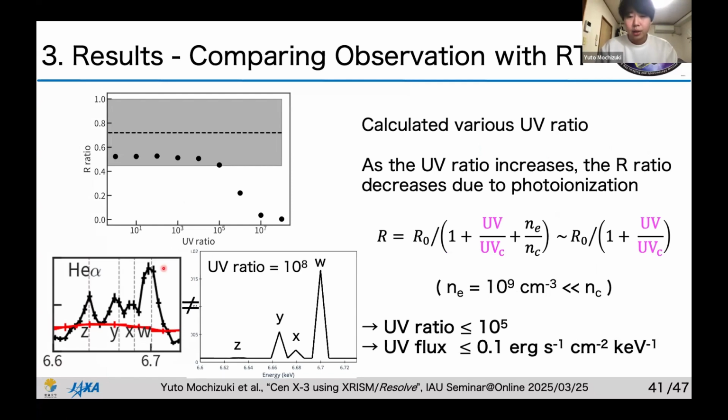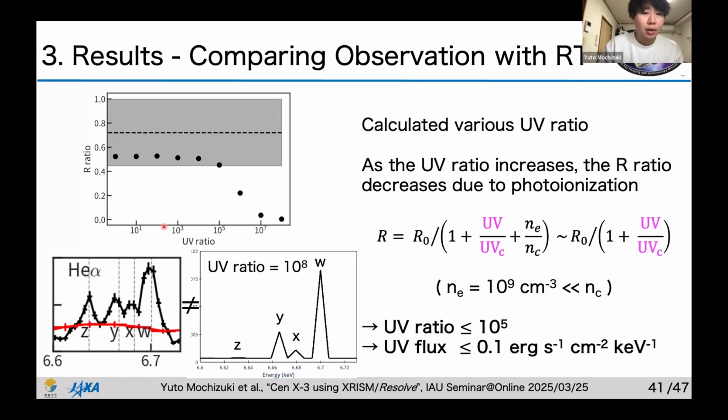And then we compared the observational result with the simulation result. The observation results are shown as dashed lines. These are mean values, with error bars indicating the 3 sigma uncertainty. The dotted line shows the simulation result.